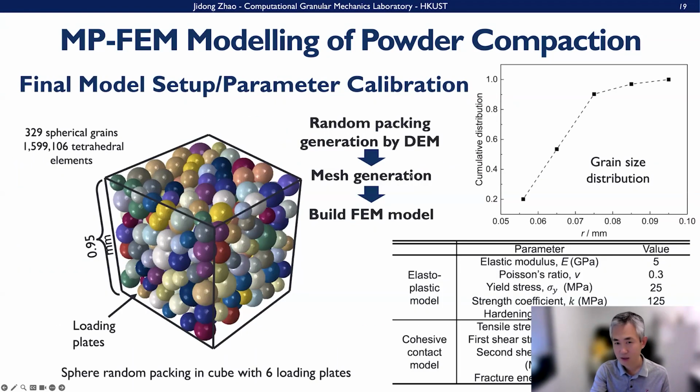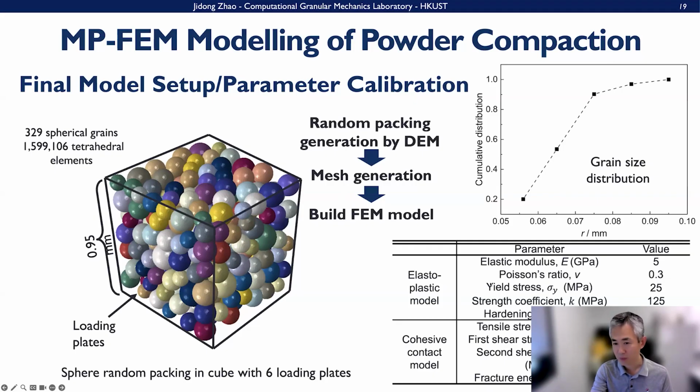So for the precise data, we randomly pack and generate those particles by DEM. DEM has a very good way for particle generation. And then we imported that DEM-generated packing into our FEM. Here we use the commercial one, Abaqus. We import into Abaqus, and then we generate a mesh for each individual grain, and then we build such a FEM model here.